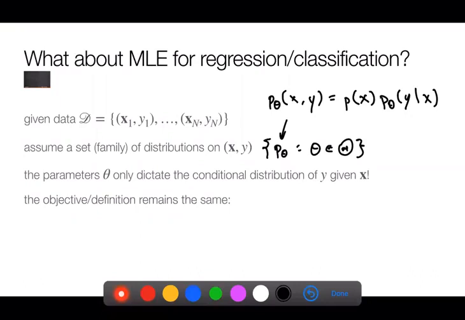So here, again, I want to estimate the MLE of my parameters theta, and that's still the argmax, writing it out first without a log just to make things clear, of the product of probabilities.